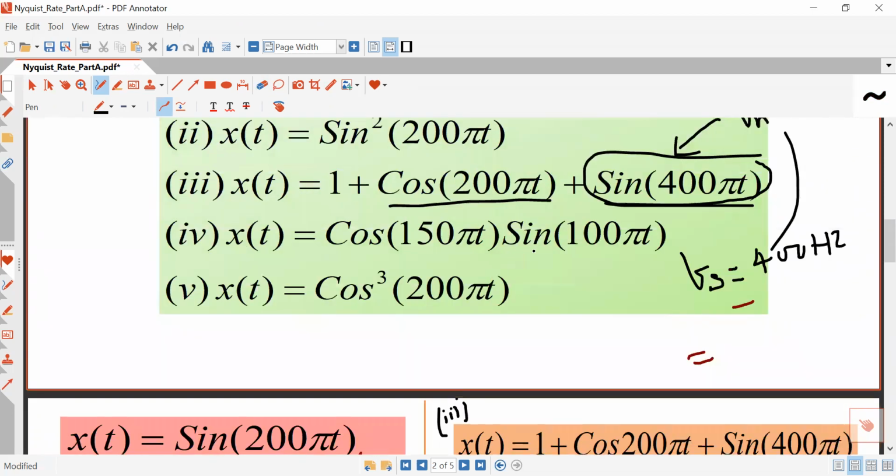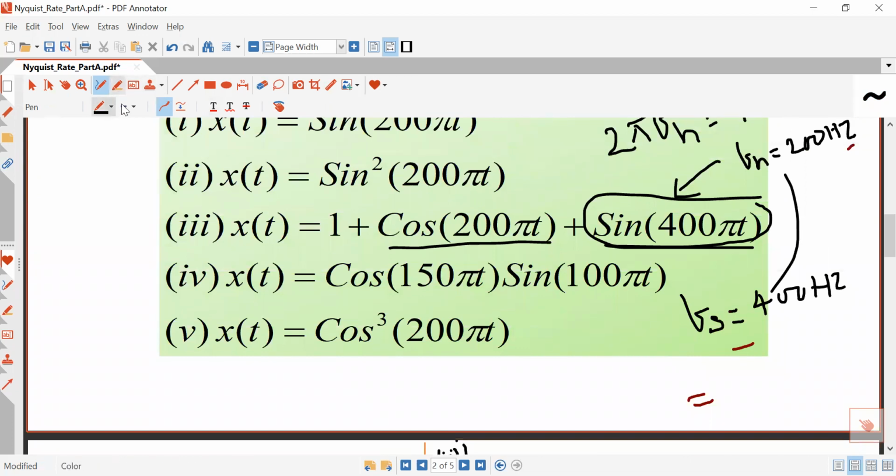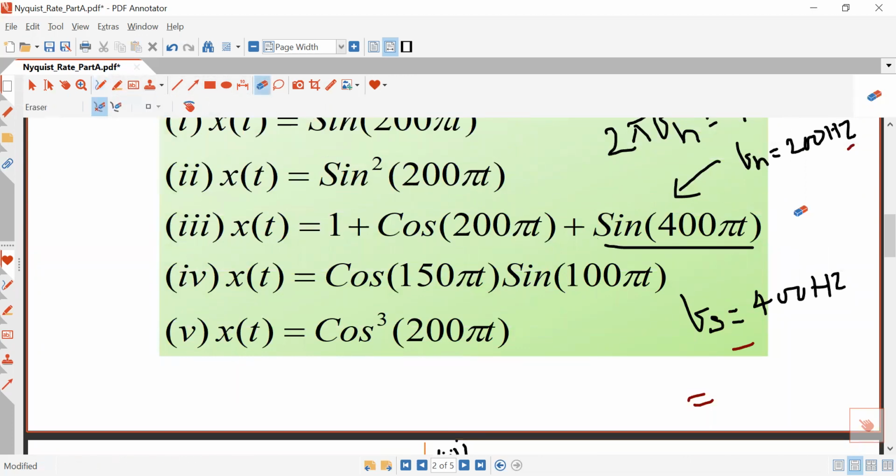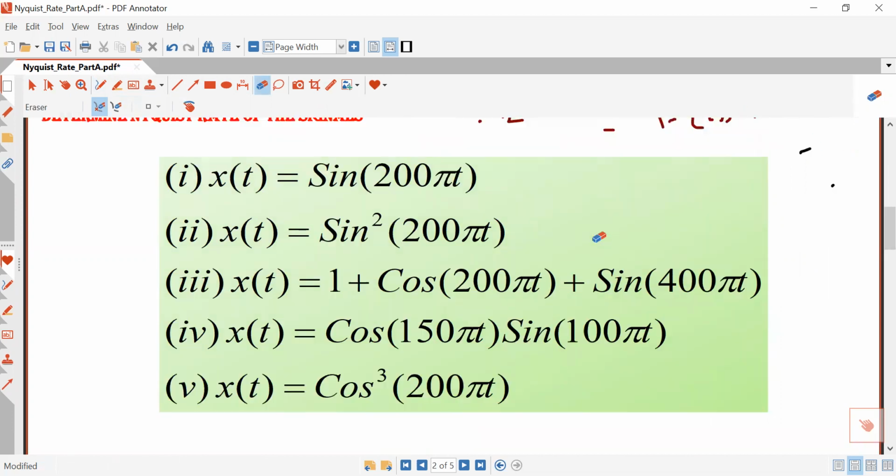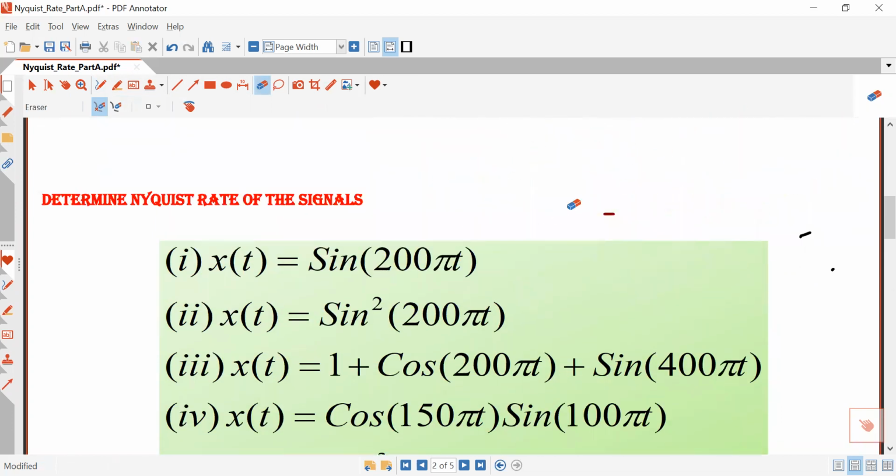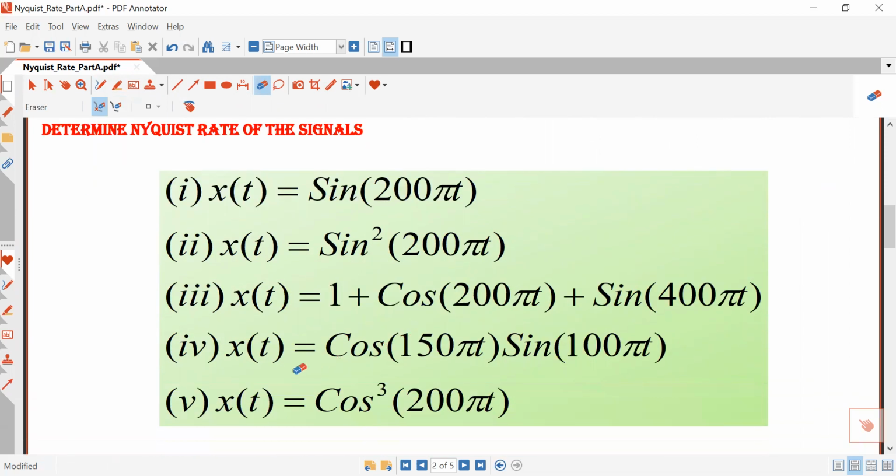And now let us consider the next signal. The next signal is x(t) equal to cos 150 pi t into sin 100 pi t.